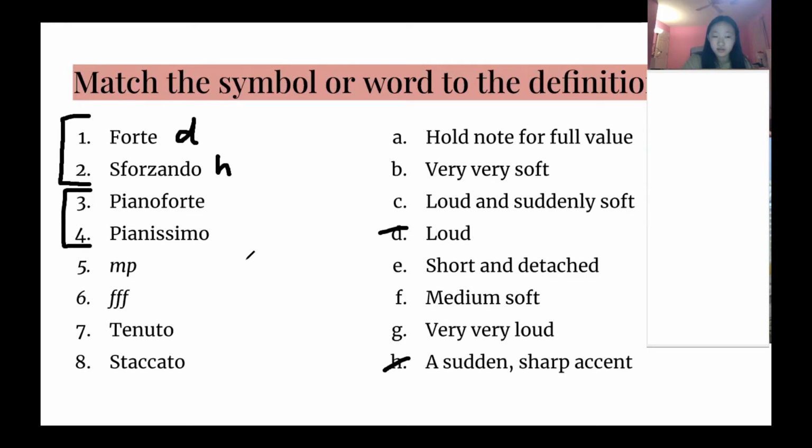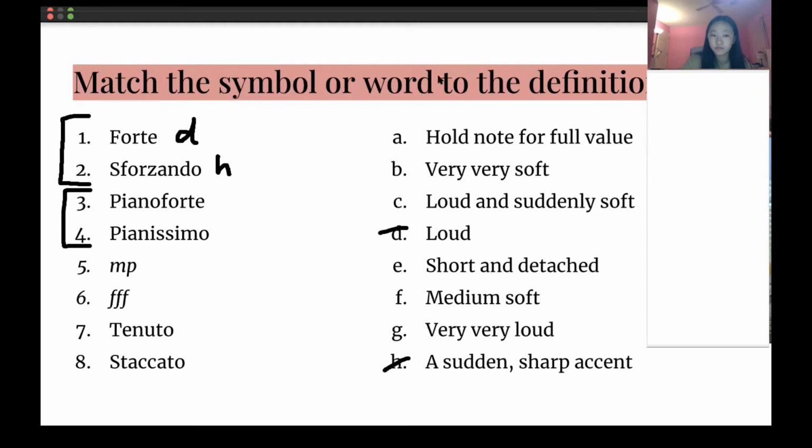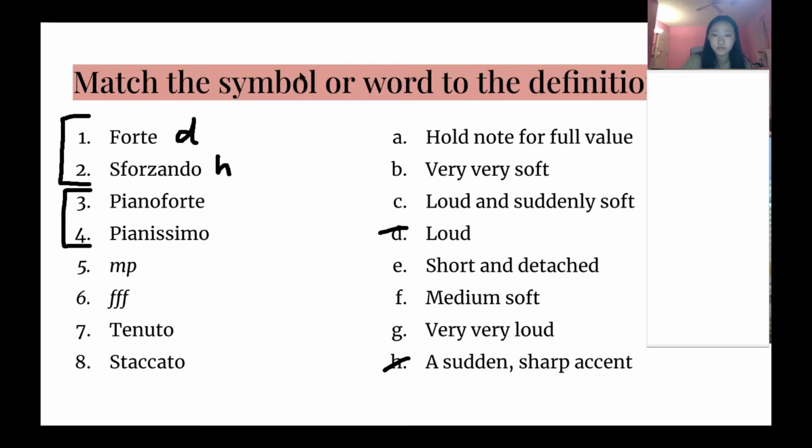So the third one is C. Very good, yes. And the fourth one is very, very soft. Very good. Sometimes it might be hard to find the answer, but good job.